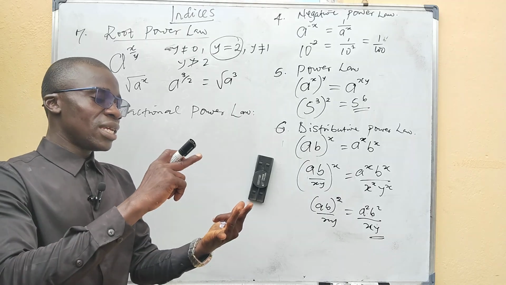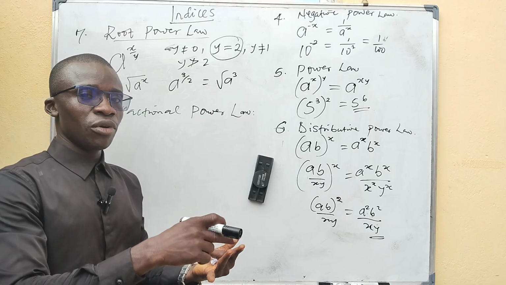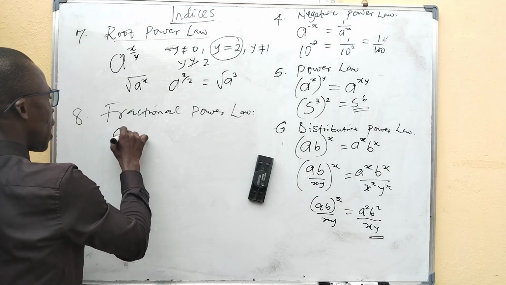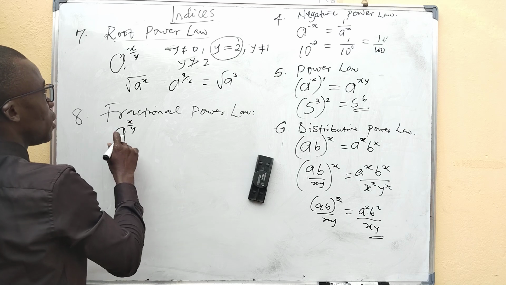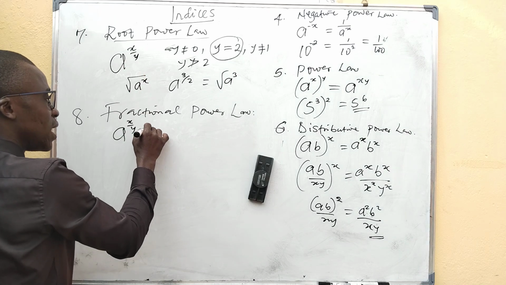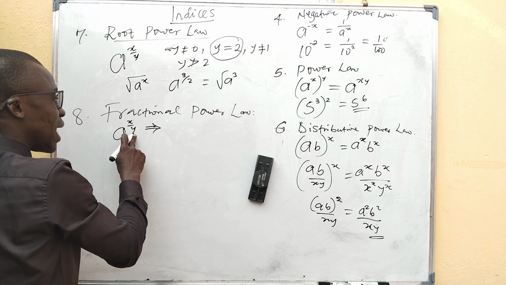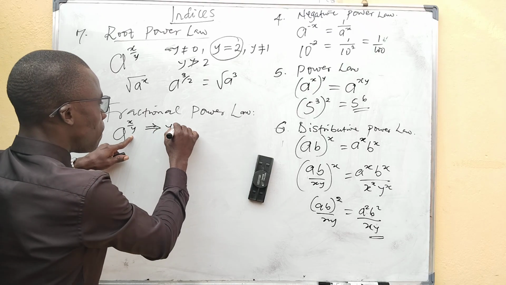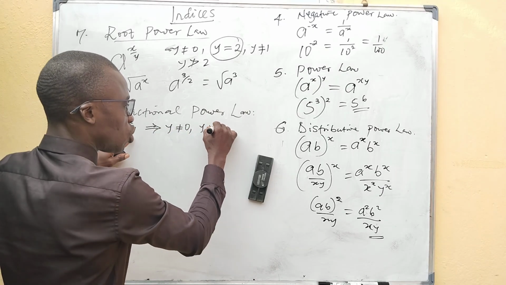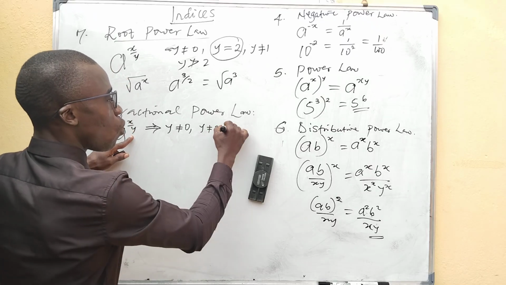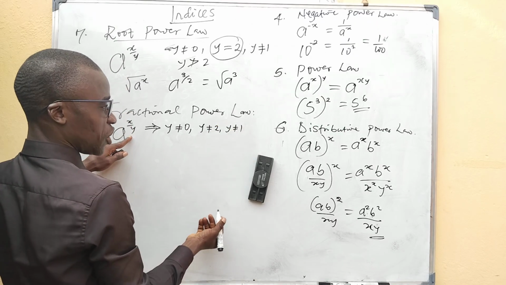It will be from 3 above. So if I have a raised to the power of x over y, this implies that y must not be equals to 0, y must not be equals to 2, and y must not be equals to 1, obviously.